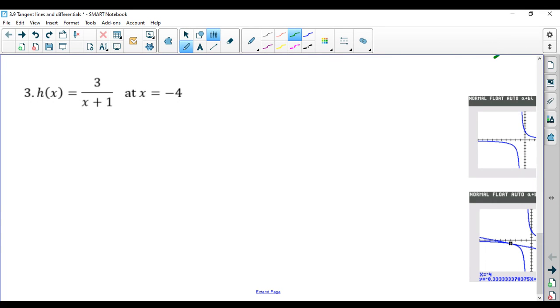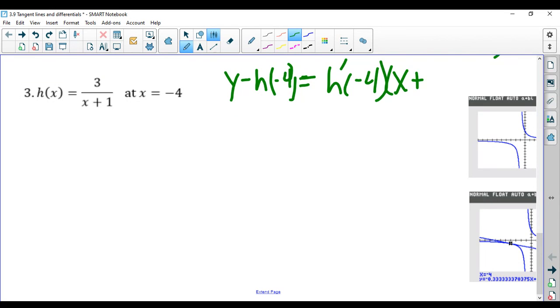Here we go. So the equation of the tangent line is y minus h of negative 4 equals h prime of negative 4 times x minus a negative 4.